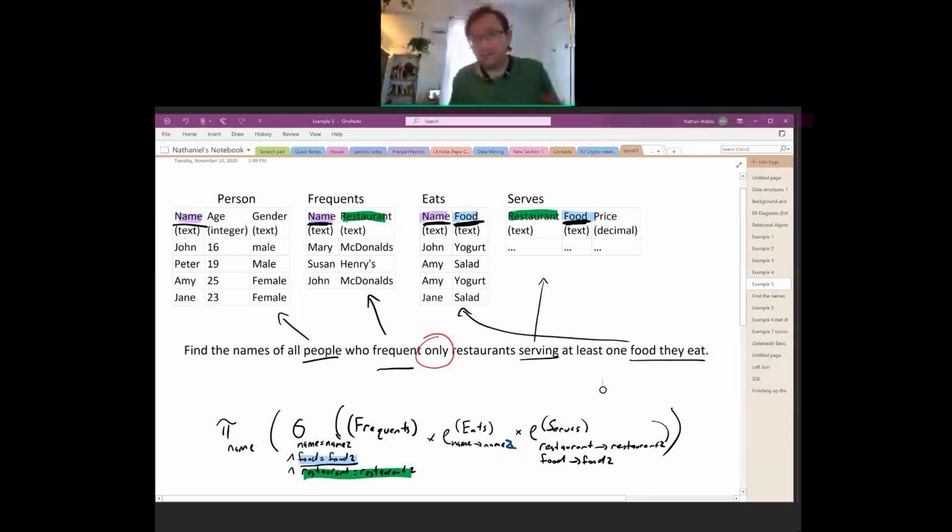But there's people who will frequent restaurants serving things that they might not like to eat, and we don't want those people, even if they also frequent places that they do like to eat. Here, we're interested in a more picky type of person who only goes to places that serve something that they like to eat.